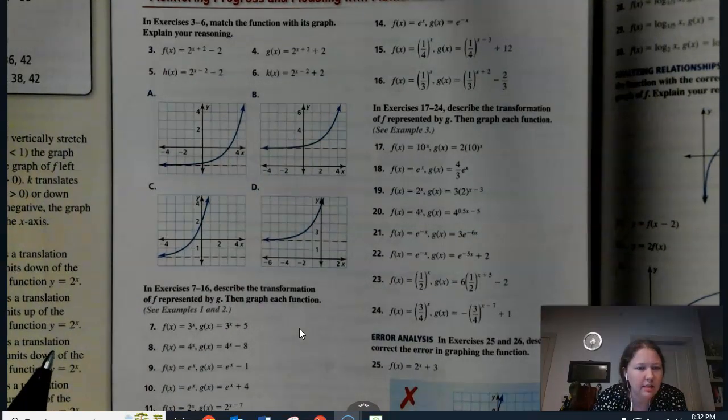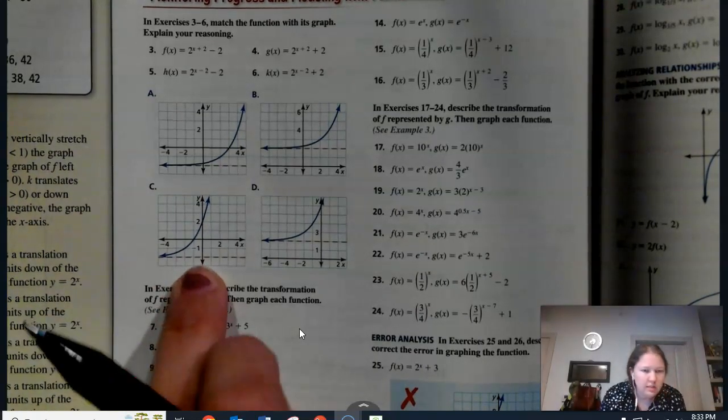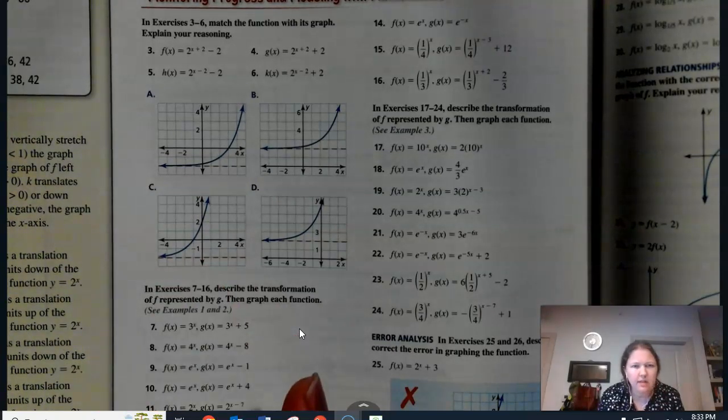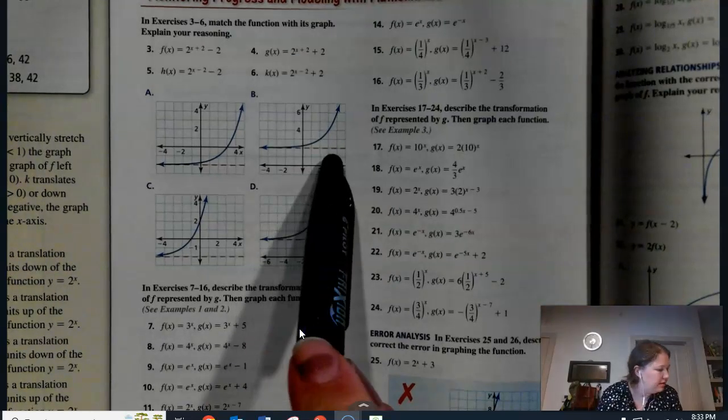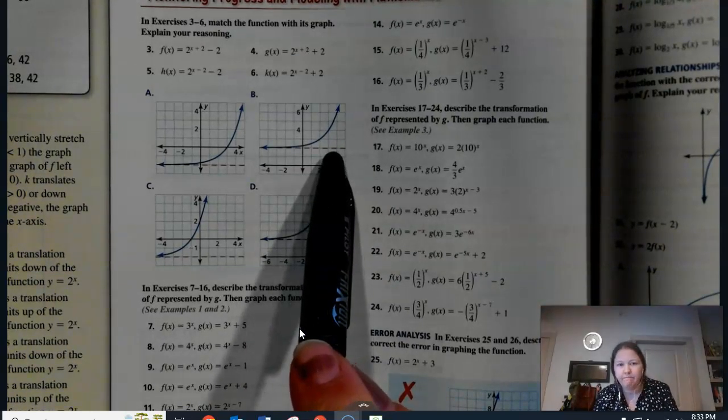So I need an exponential that's 2 units to the left and 2 units down. So that to me looks like it's going to be option C. Okay, and then 6 is 2 units right and 2 units up. So that would be option B. Great, that was easy.